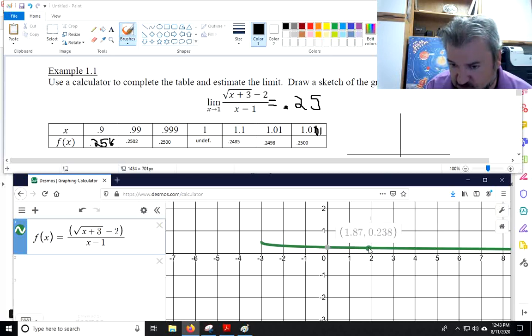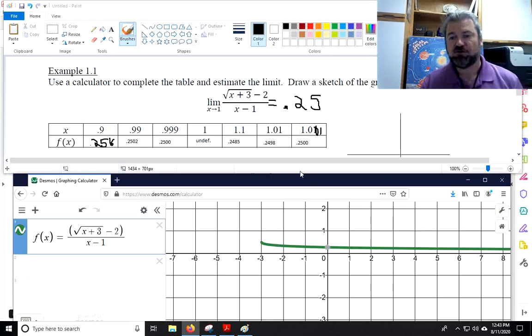Likewise, if I come towards 1 from the right, from a little bit bigger than 1, you'll notice we're also approaching 0.25, this time from below. So because the value of the function is approaching the same y value as I get close to 1 from below 1 and above 1 on the x's, what we think of as from the left and from the right, we're saying that this limit does exist.